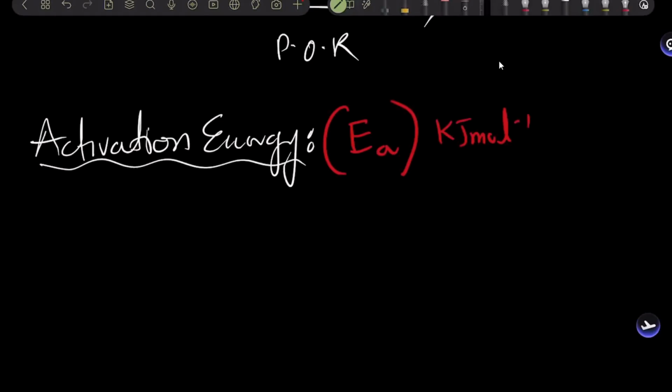You give it an initial spark, right? And from that point on, it burns itself. What is that initial spark for that petrol? It's its activation energy. That spark provides the minimum energy that was required for the petrol to start burning, right?